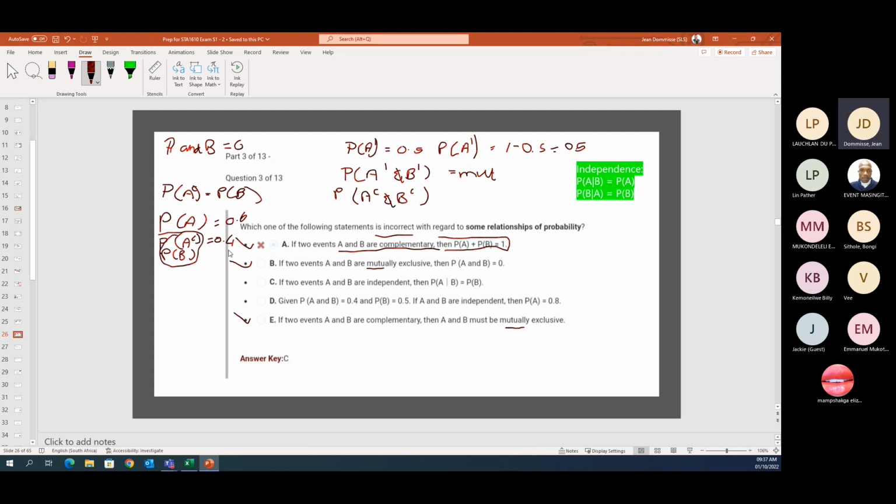And so if you add those two together, you will get 1 again. So again, nearly the same principle as with mutually exclusive. This is a definition. It is a rule. If two events are complementary, if you add them together, you will always get 1.